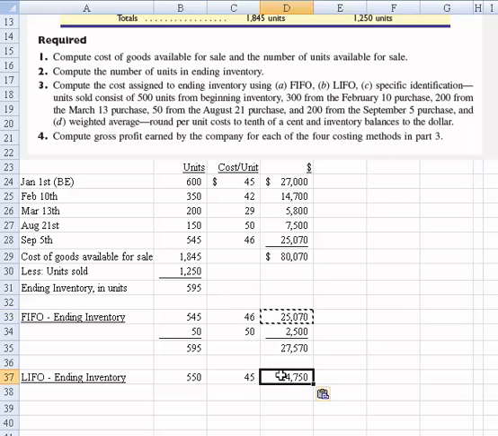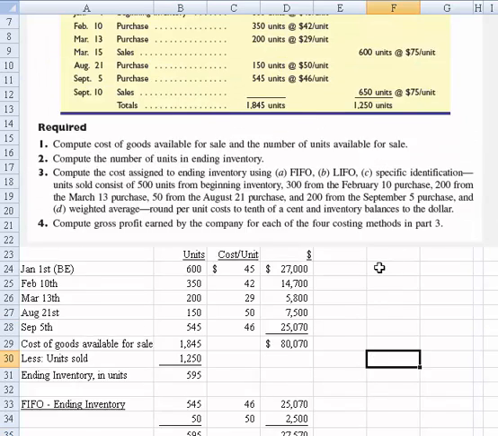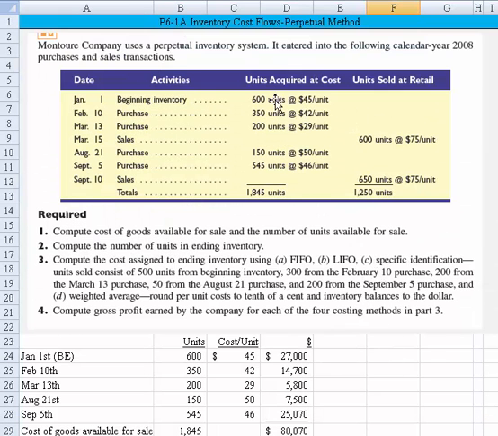Let me copy this here. And then now we know we have a certain amount left to account for. So we'll take the 595 less the 550 we've accounted, and we've got 45 units. Okay, again, now we work backwards. We know that that 600 liquidated all of those purchases, right? 550 were used in that 600 plus 50.